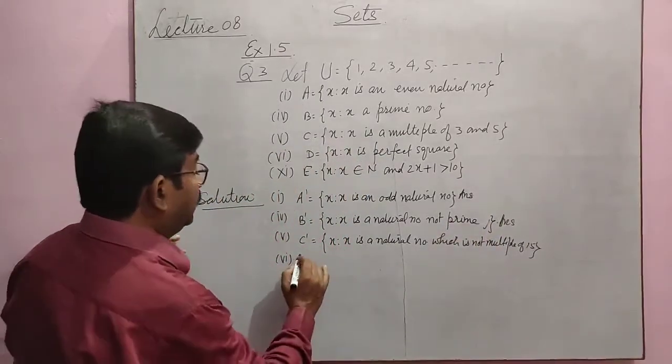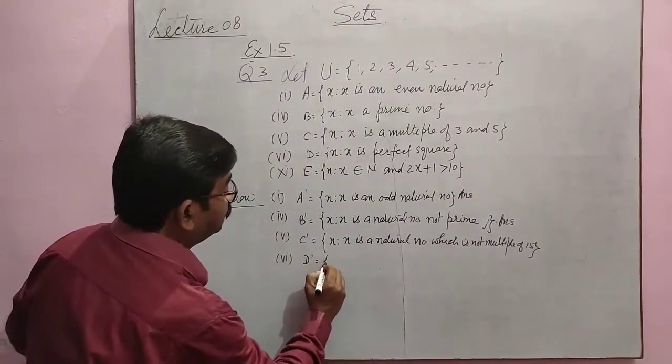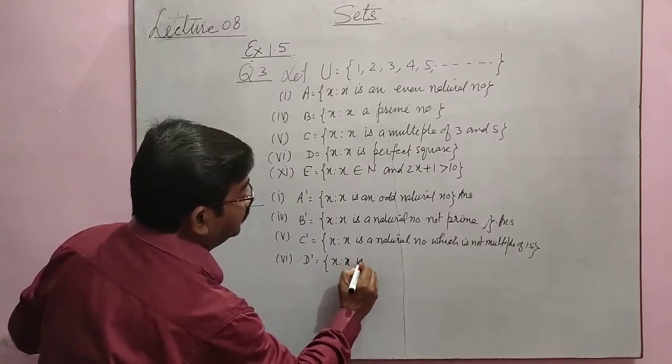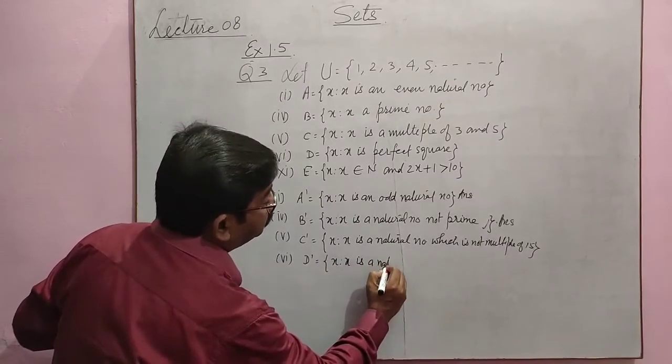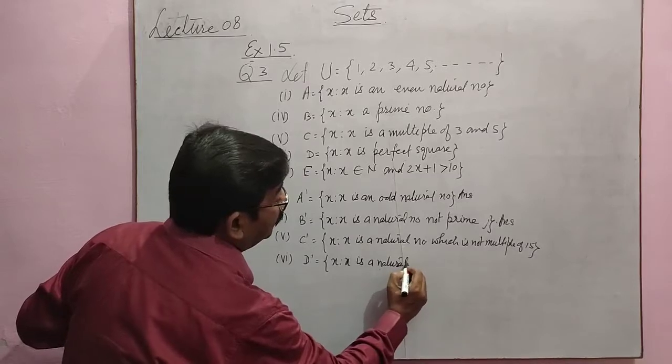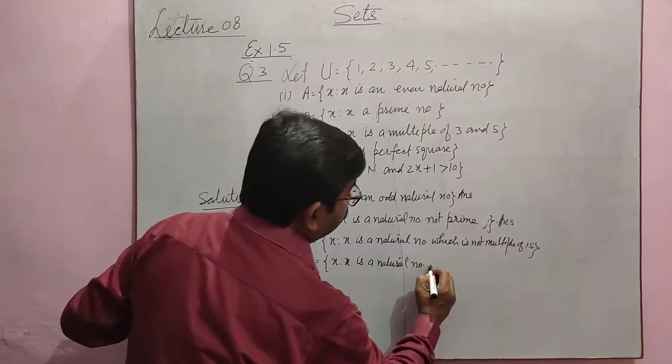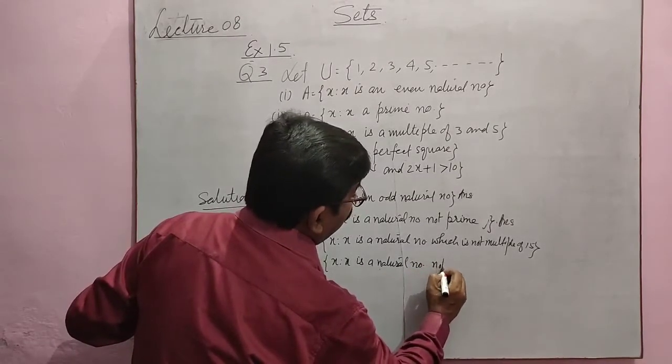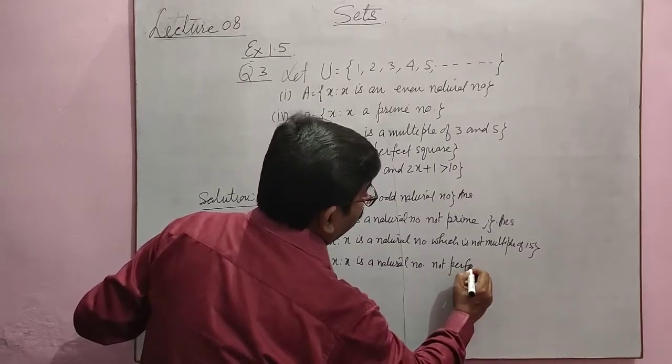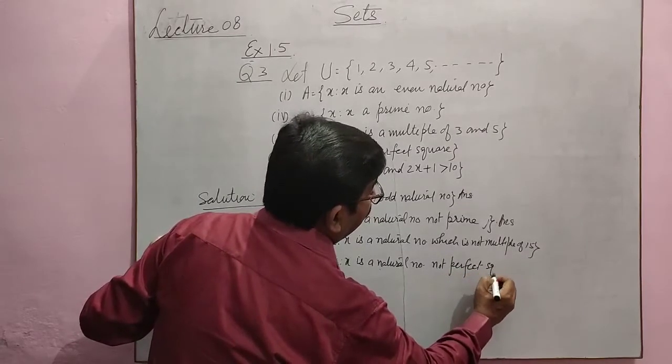This one, D dash: x such that x is a natural number not prime.